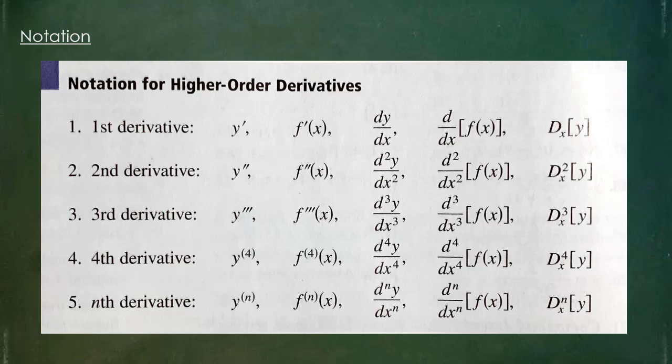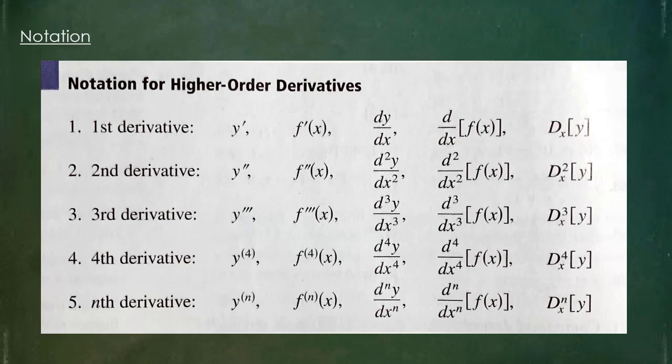So for the second derivative it would be y double prime, for the third derivative y triple prime, and once we get past that to a certain point, there would be too many prime symbols to want to count. What we do to denote it is just throw a number in parentheses to specify that this is a derivative, not a power.